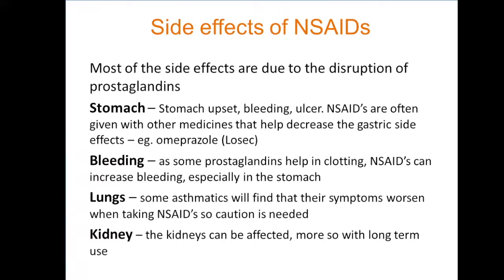Bleeding is a real issue with the NSAIDs. Because some prostaglandins help with clotting, the NSAIDs can increase bleeding, particularly in the stomach. So you really have to be wary of that. Some asthmatics will find that their asthma gets worse because there's prostaglandins in the lungs. And we do have to be careful with kidney function.